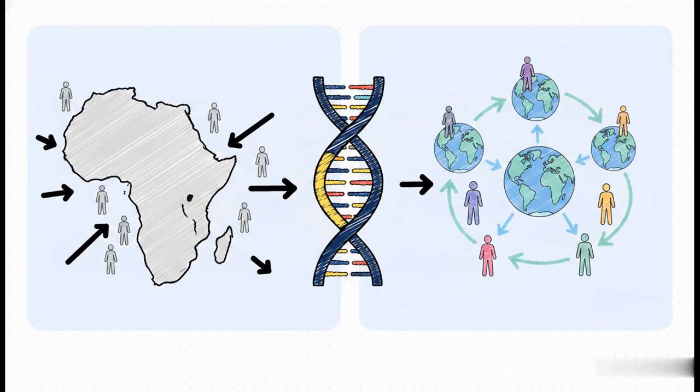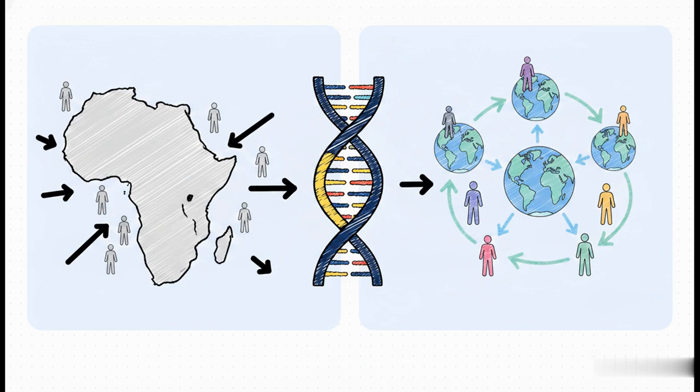Taking the final step in our zoom-out journey, we can actually apply population genetics to map out the entire evolutionary family tree of humanity. By sequencing DNA from hundreds of populations worldwide, scientists have traditionally debated 2 major theories about our origins. On the left, you've got the replacement theory, or out of Africa, which argues that modern humans emerged in Africa around 200,000 years ago, expanded globally, and completely replaced older human species.